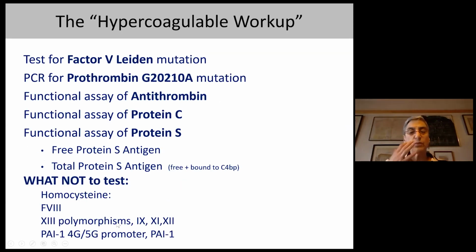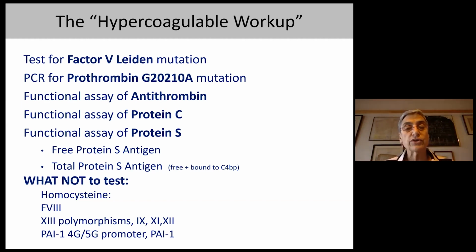So the hypercoagulable workup typically includes tests for factor V Leiden and prothrombin 20210, which are much more common than the other mutations, but also are very low risk factors for VTE. Patients with factor V Leiden don't usually clot just because they have factor V Leiden, but may clot because, in the setting of factor V Leiden, they get pregnant or are put on birth control pills, which raises the risk of thrombosis.